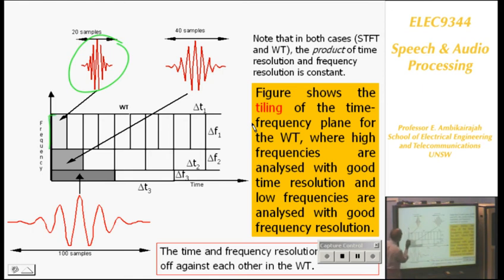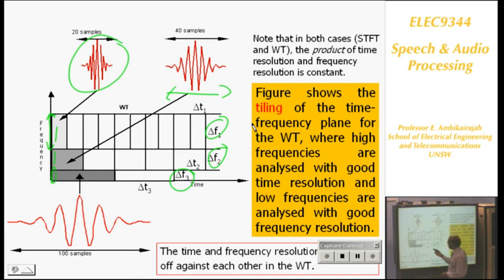It's a large frequency resolution, which is no good. But you use a large window for low frequency, and you see the frequency resolution is pretty good. So delta F1 is different from delta F2, which is different from delta F3. So we can have variable frequency resolution.